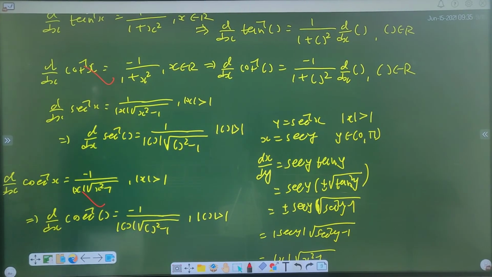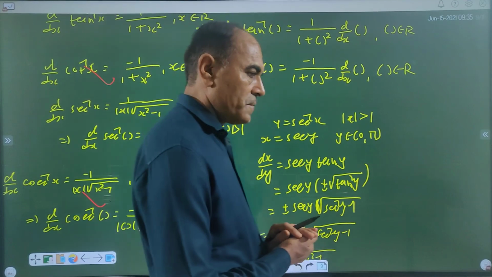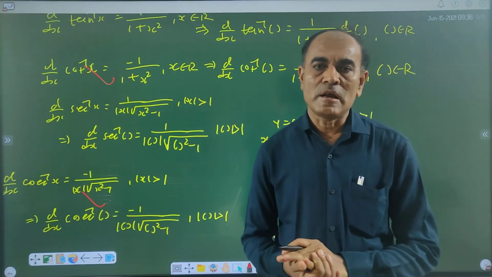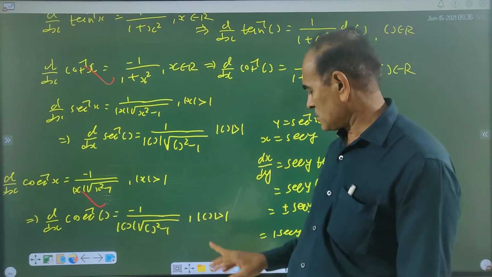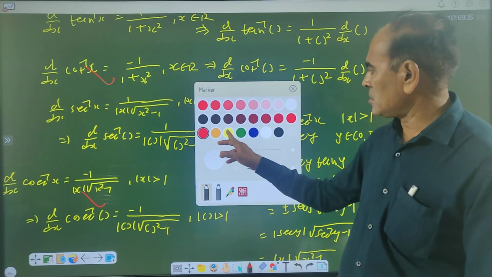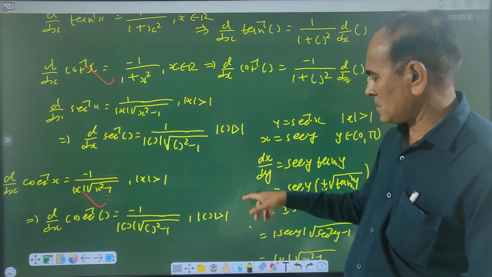See the spelling, starting with C, where the derivative is negative. So these are all the forms of derivative. In general, if these standard forms are known to you, then it is very easy to find the derivative.